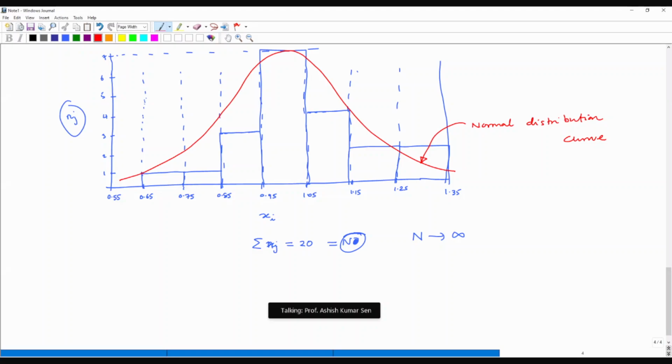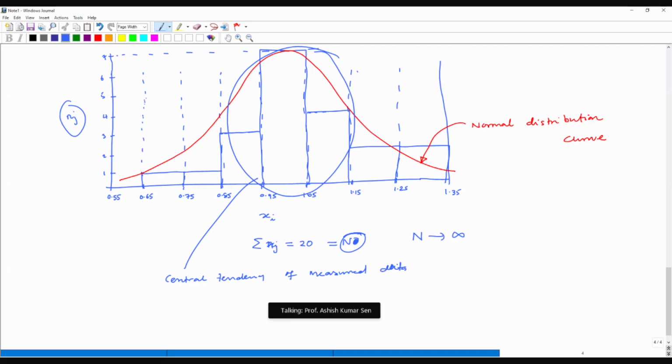And it also tells about the central tendency of the data. That means we see that most of the data is going to be clustered somewhere in the middle, where the mean value is expected to lie. So this also represents the central tendency of major data.